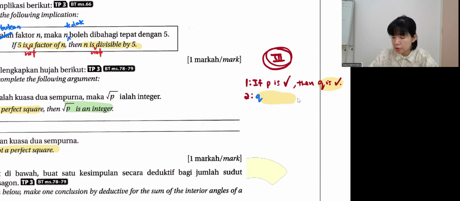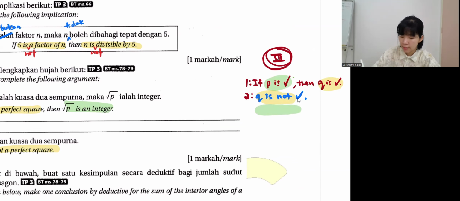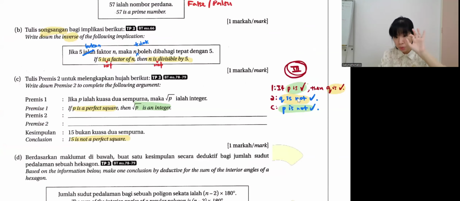So they say Q is true, so we say Q is not true. Then conclusion, kesimpulan, you must write the thing in front. So we have to say P is not true. Okay, so this is type number 3.